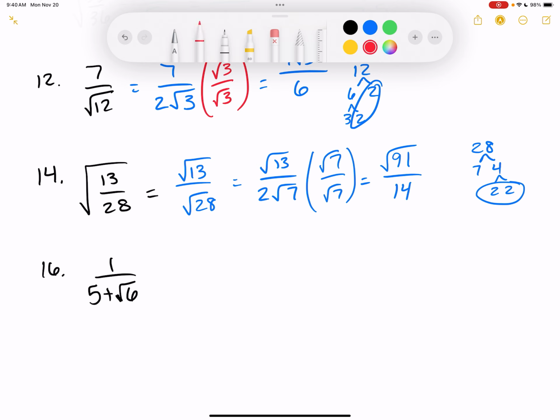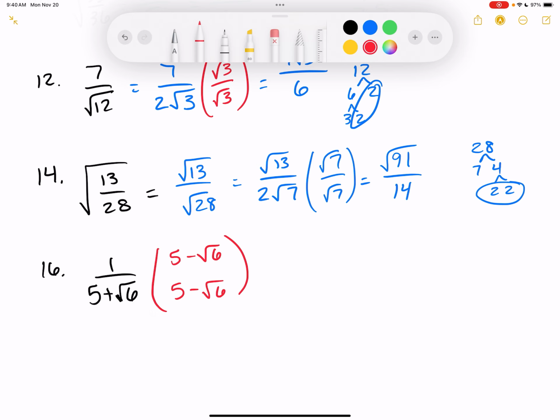So what we actually multiply by in this case is the conjugate. Okay? So the conjugate is whatever this is, but we change the sign, because then that gives us, well, when I write it, you'll see what it is. Or we'll see if it looks like something to you. What does this look like? 5 plus the square root of 6 times 5 minus the square root of 6.